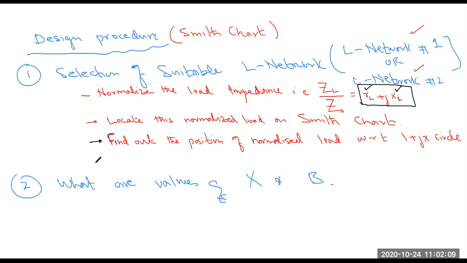So there are two possibilities. If it is inside the 1 plus jx circle, then which of the L network you will use. And if it is outside the 1 plus jx circle, then which of the network you will use. Okay. So this is the question that we need to answer.